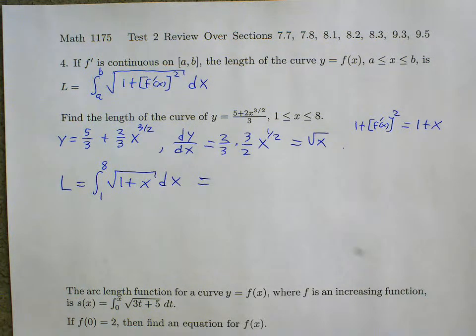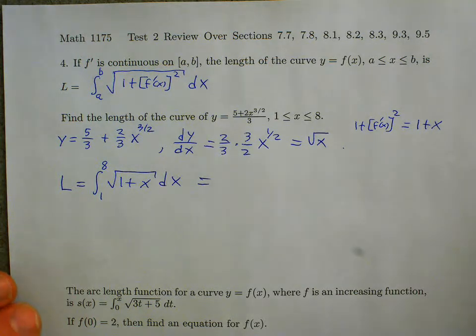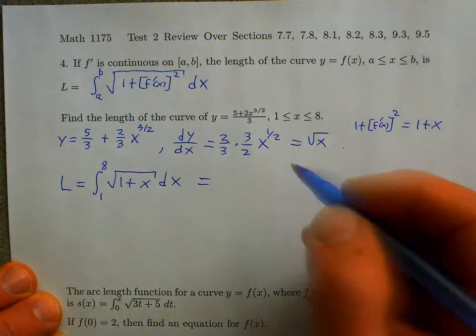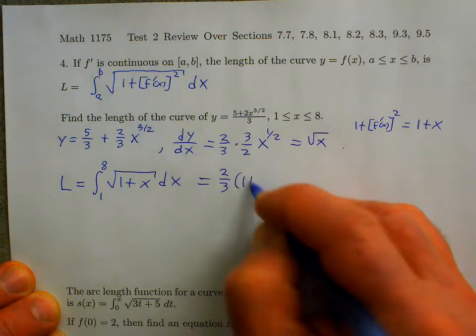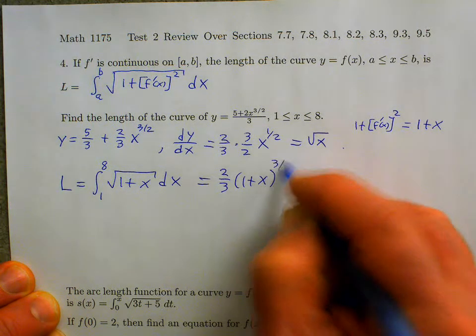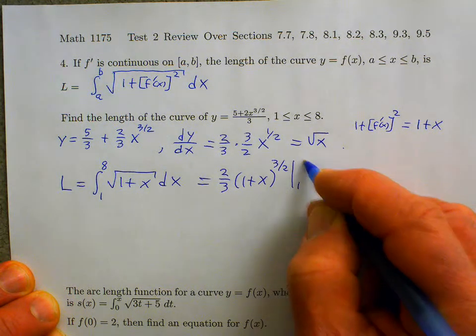So that's the same as the definite integral of the quantity 1 plus x to the 1 half from 1 to 8. So an antiderivative is 2/3 times 1 plus x to the 3 halves from 1 to 8.